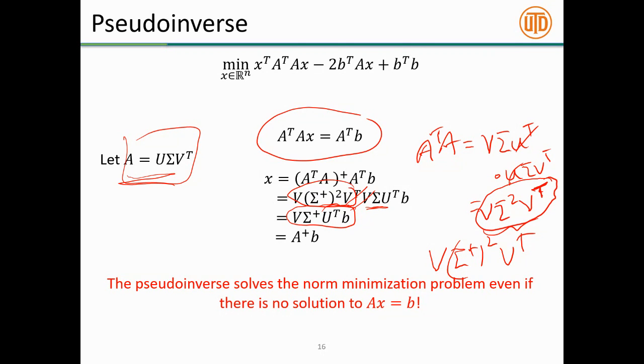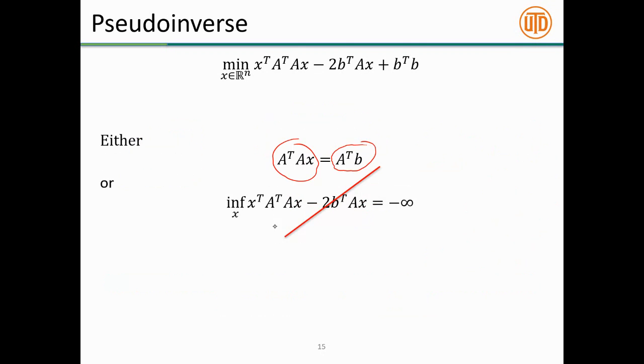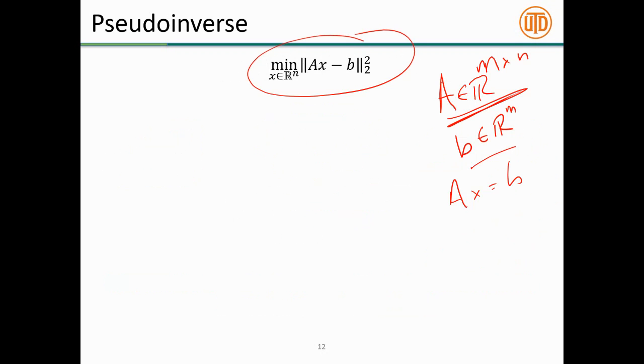So what we actually just showed here was that the solution to the optimization problem, so if I scroll back some slides here, find the value of x that minimizes the norm squared of Ax minus b, that's also given by taking the pseudo inverse of A times B. So now we have two characterizations of the pseudo inverse.